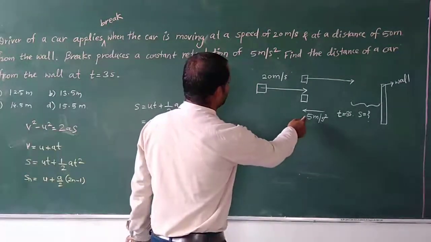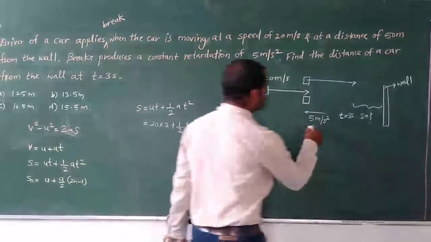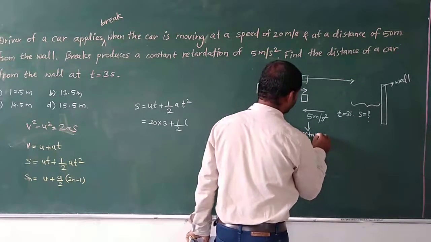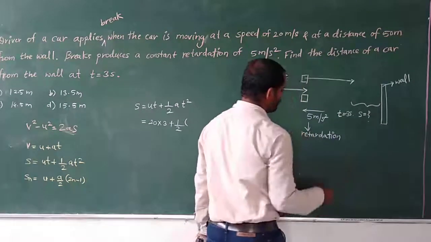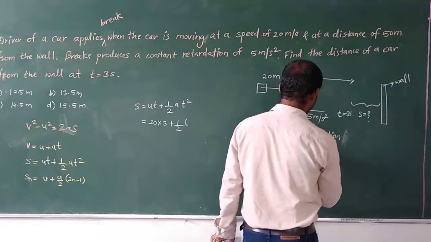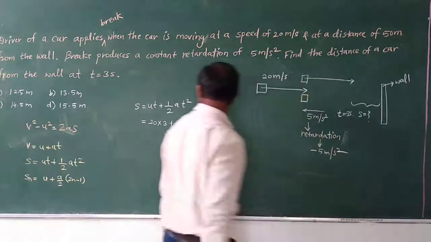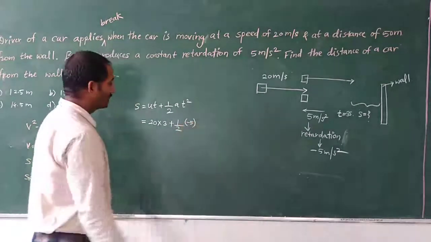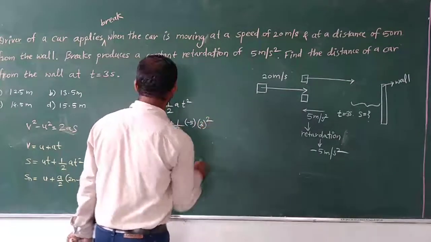Here retardation means negative acceleration. So this is -5 meter per second square. So here we have to write -5. Okay. t we know, t is 3 square.